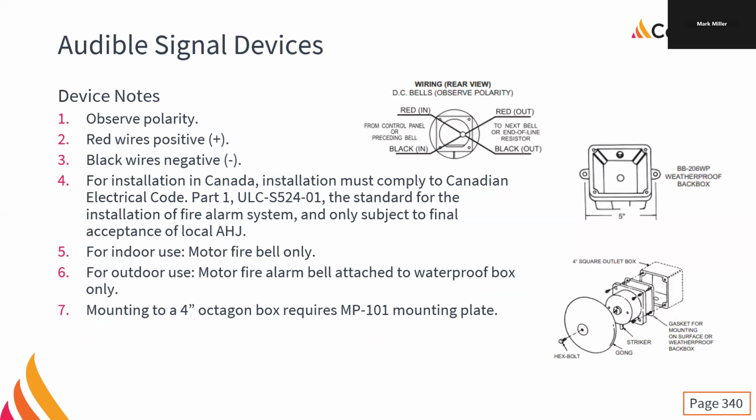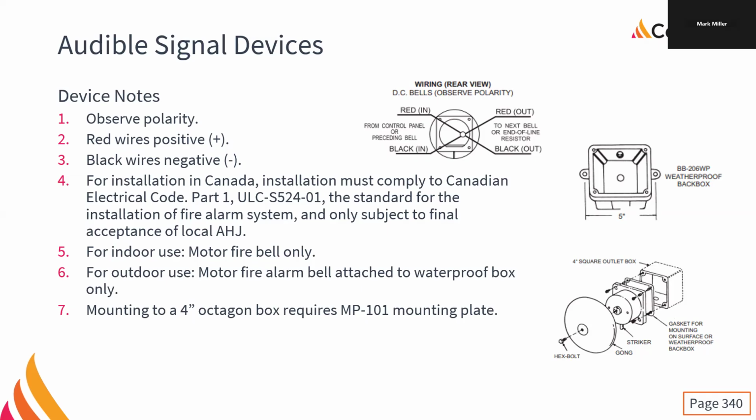The bells are polarity sensitive, of course. The supervisory diode is built in, it's hidden. No worries there. We can get them rated for wet locations. It's really just putting a gasket on and then mounting it to a weatherproof box. That's really the only change.